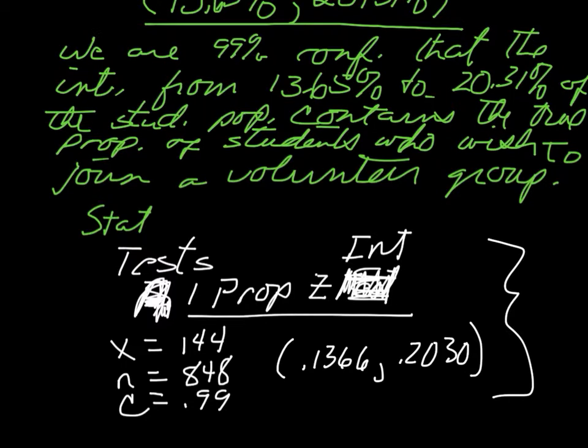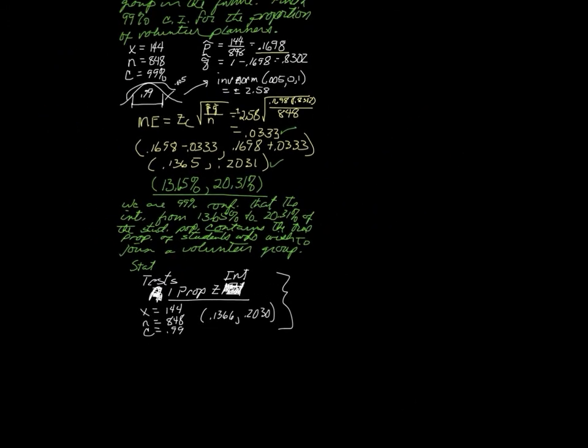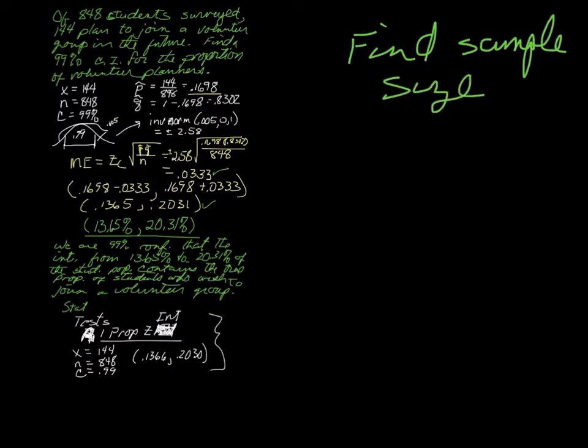Okay, so now we've solved the technology issue, so there's one more thing that we need to take care of. And that one more thing that the textbook asks you for is to find a sample size that'll give you a certain margin of error. And so what do we do for the sample size?